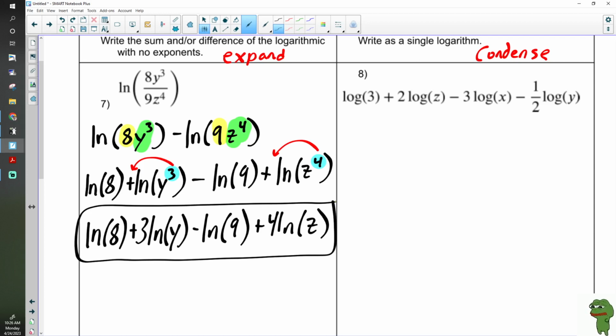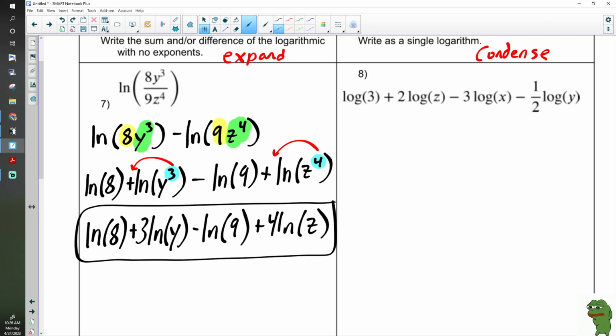Okay. 8 is exactly the same thing, except in reverse. We're starting with a bunch of logs that we now need to all push together into one log. So we're going to use all of our same rules in the opposite order.